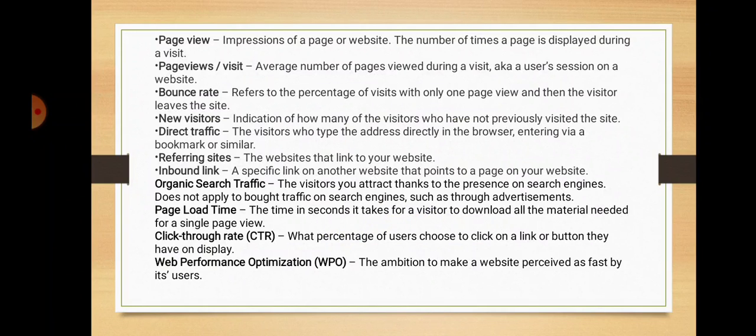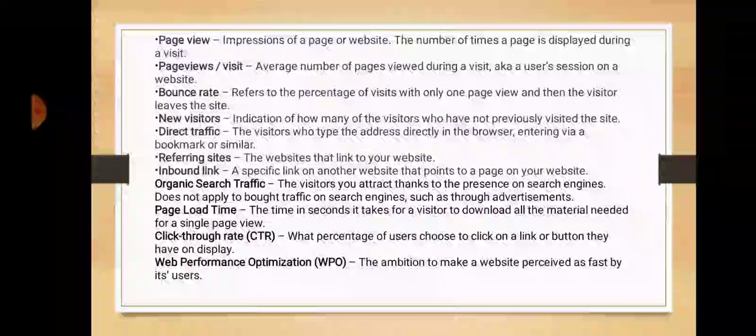Then page views per visit, average number of page views during a visit, and the user sessions on the website. Then bounce rate refers to the percentage of visits with only one page view, where the visitor leaves the site. Then new visitors, indications of how many visitors have not previously visited the website.